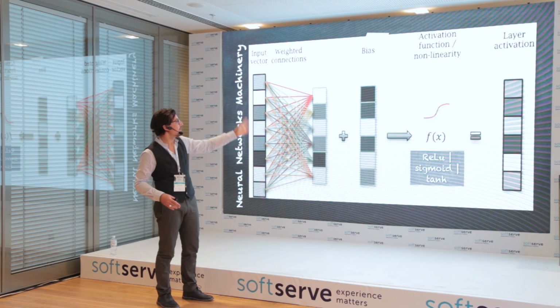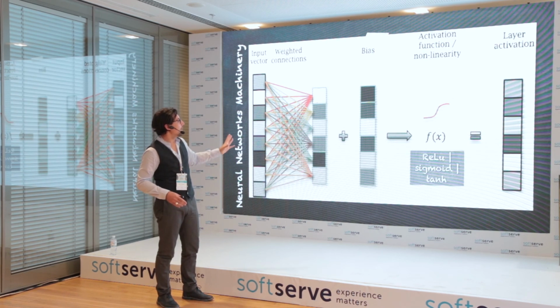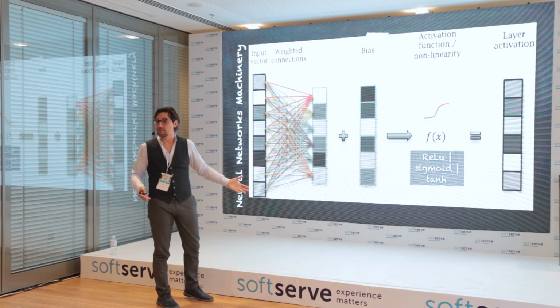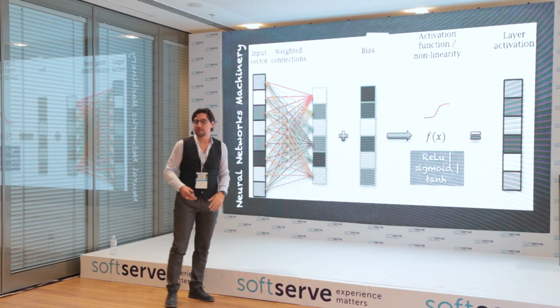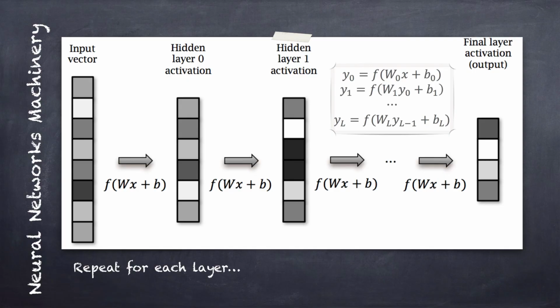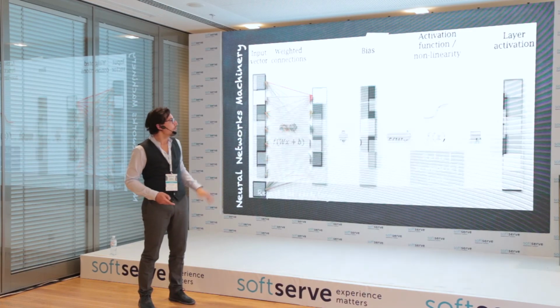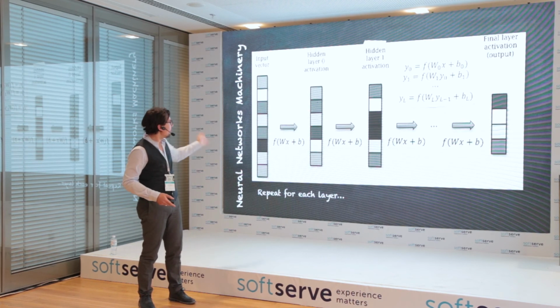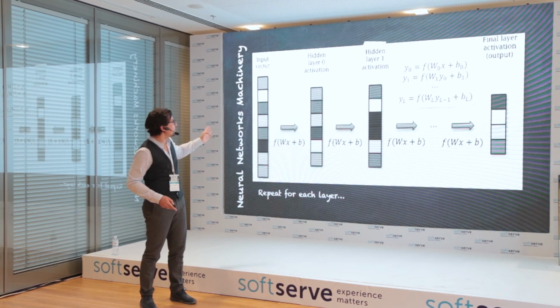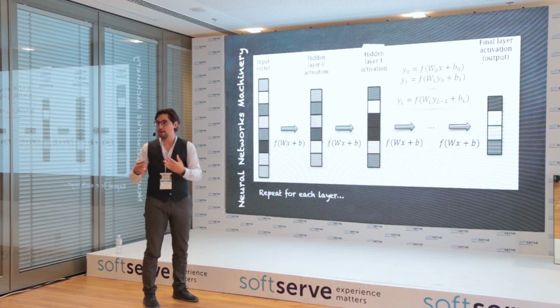Then you have some non-linear operation called activation. You may have ReLU, for instance, the sigmoid function, tanh, the hyperbolic tangent, and so on. You combine this linear operation plus non-linear activation, and this is one layer. You repeat these operations for each layer until you reach the output to get the final prediction.